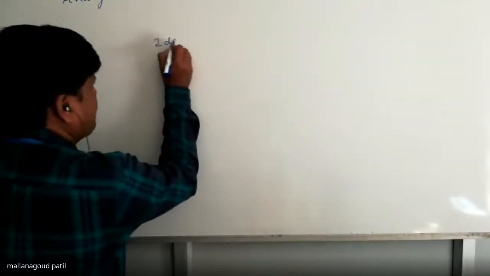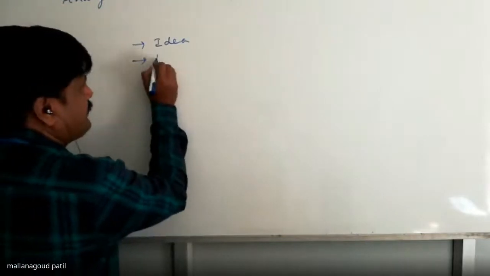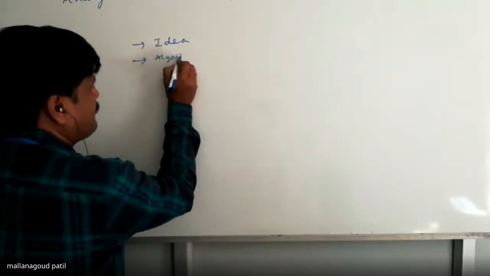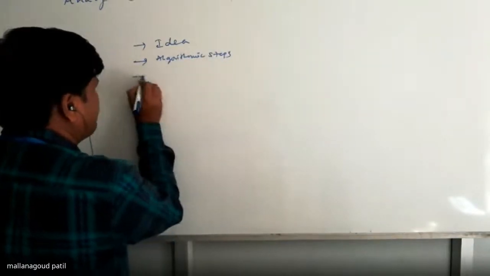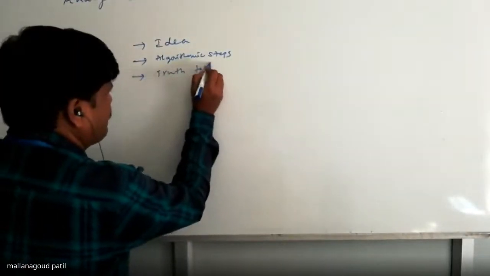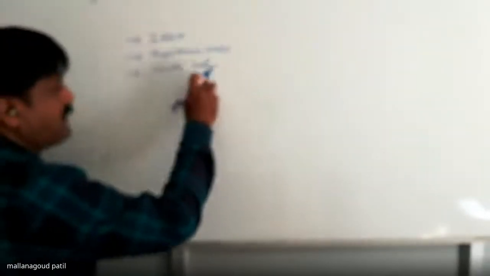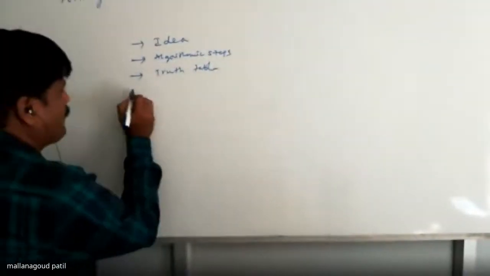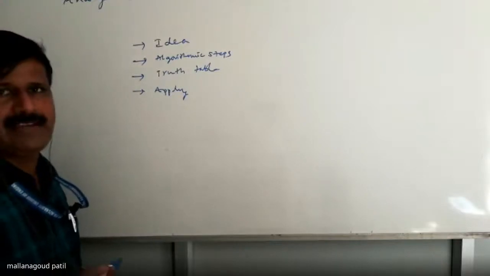First is your idea. Next is the algorithmic steps. Then what do you do after taking these algorithm steps? The truth table. Bring the idea into algorithmic steps, into a truth table. Then what do you do? Apply one minimization technique.